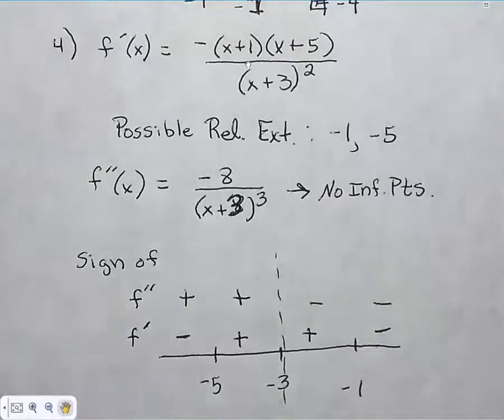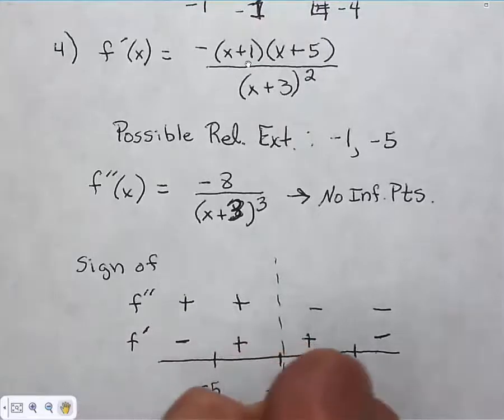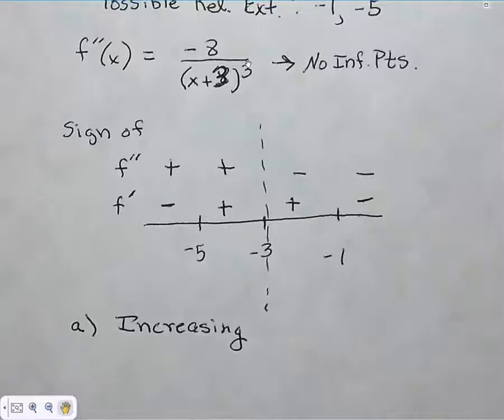So I'm ready for my alphabet. This function is increasing where? Can I say negative 5 to negative 1? No, because it's split up by that vertical asymptote.